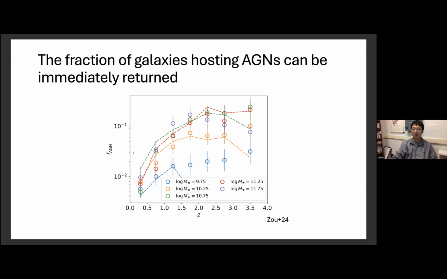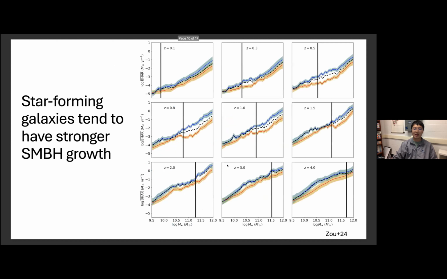At low redshift, the AGN fraction is almost independent of stellar mass, but at high redshift, more massive ones evolve more with redshift and then reach a plateau, but the less massive ones more or less follow a flat trend with redshift. So this is also quite an interesting finding. And also we did our measurements separately for star-forming galaxies and also the quiescent galaxy population.